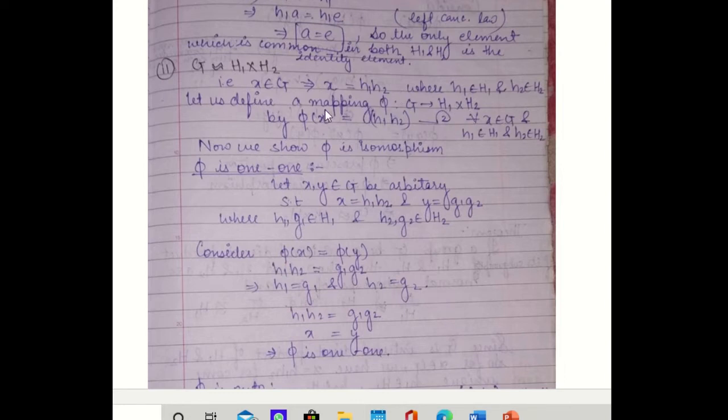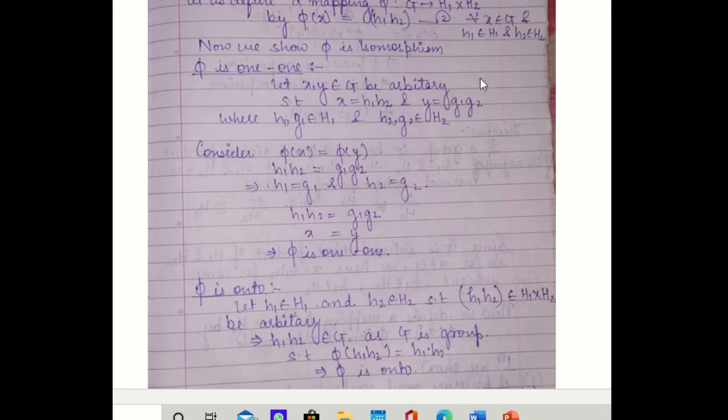Under this definition of mapping phi, we have to show this phi is an isomorphism. If we are able to do this, then easily we have the theorem that G is isomorphic to H1 cross H2. So to prove this as an isomorphism, first of all, we have to show phi is 1-1.